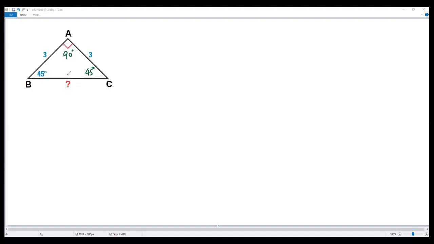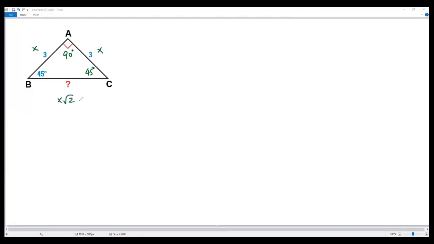In a 45, 45, 90 special right triangle, the two legs are equal in length, and we will assume X as the length of each of the two equal legs. If I assume X as the length of the leg AB, then the length of the leg AC also must be X. Then what is the length of BC? It has to be X times square root of 2.